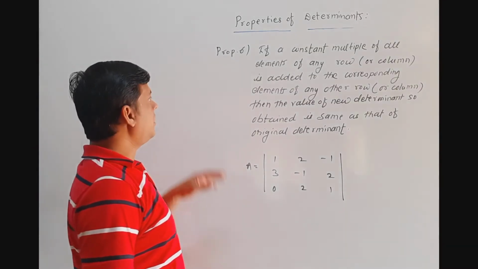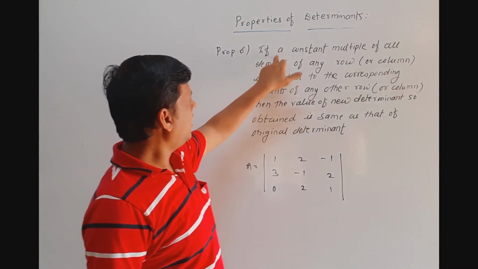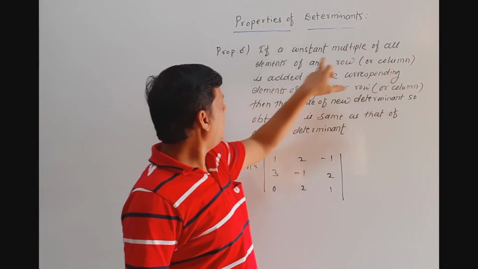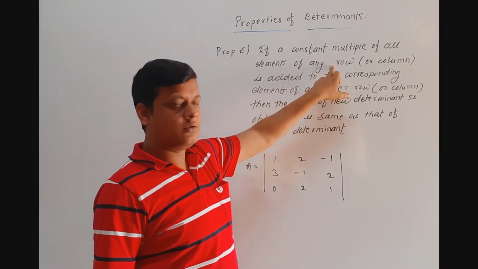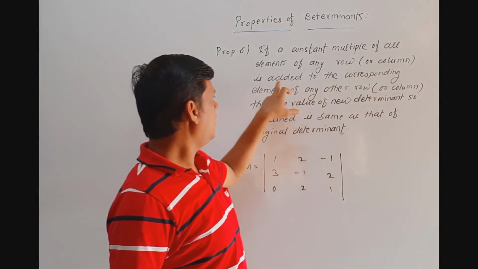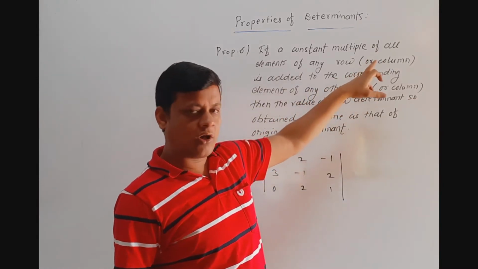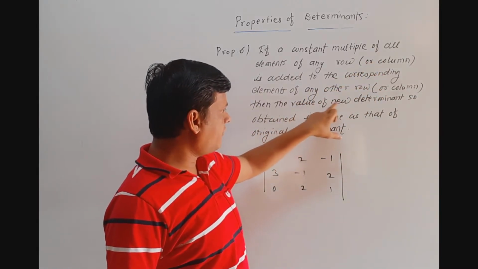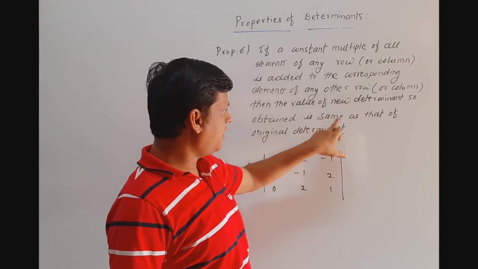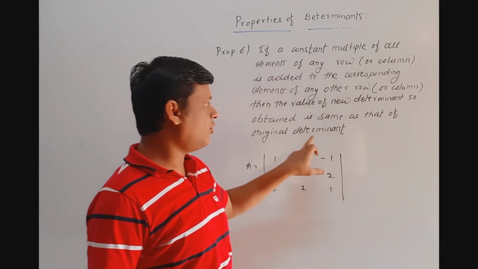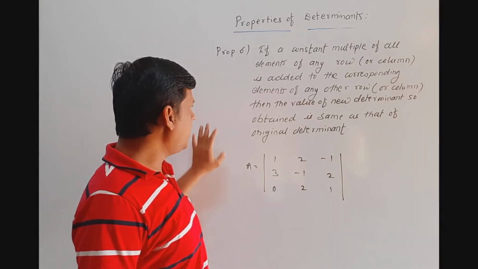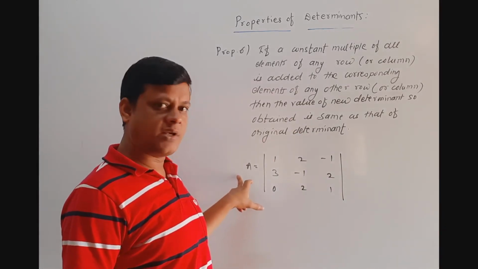Now see property number 6. If a constant multiple of all elements of any row or column is added to the corresponding elements of any other row or column, then the value of the new determinant so obtained is the same as that of the original determinant. Now we discuss this property with the help of this example.